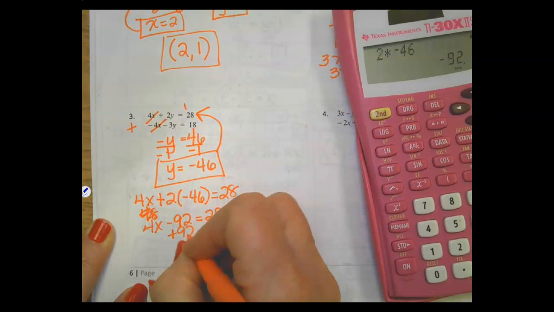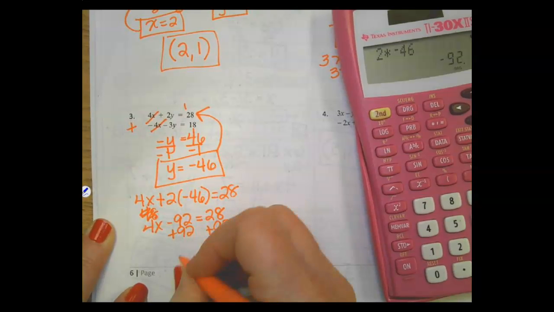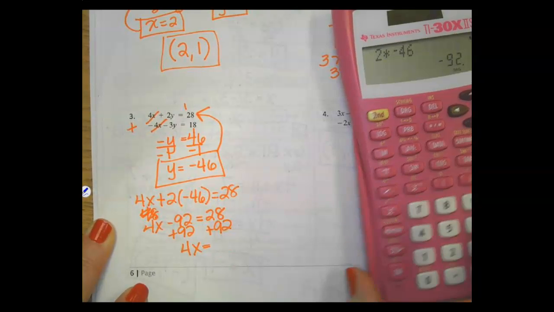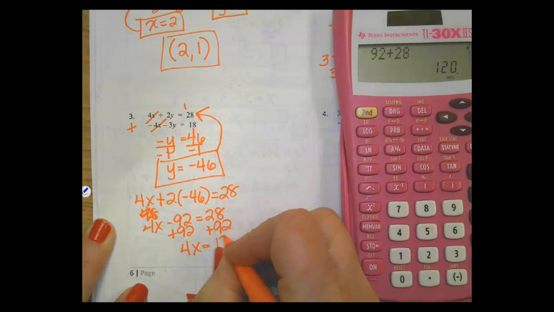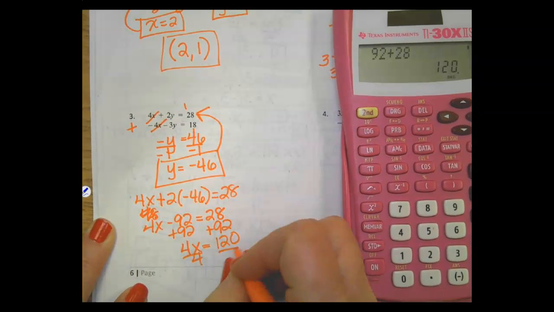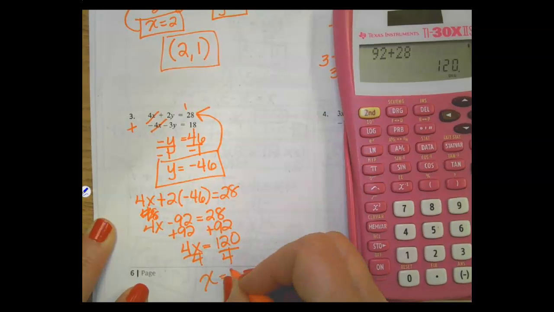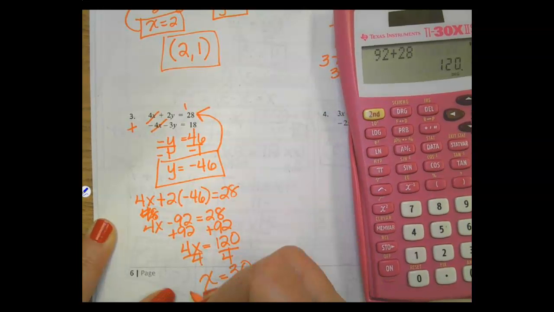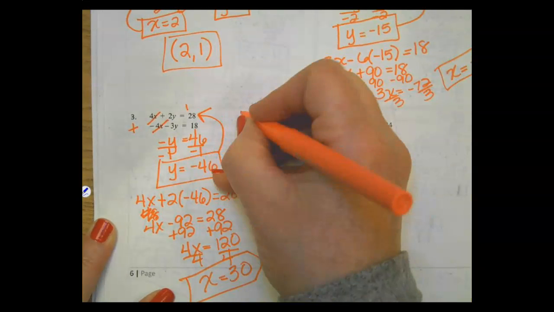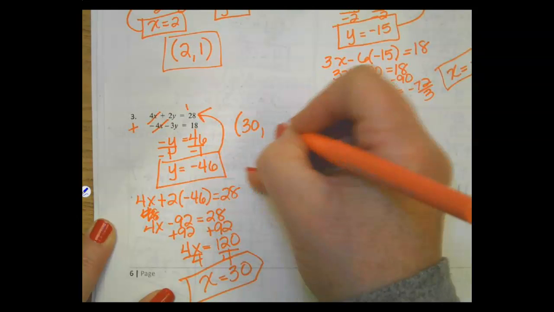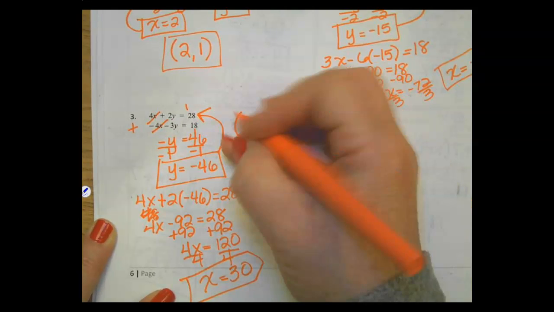Add 92. 4x is equal to 28 plus 92, which is 120. Divide by 4, and x equals 30. Oh, we're dealing with bigger numbers. Okay, so my x is 30, my y was negative 46.